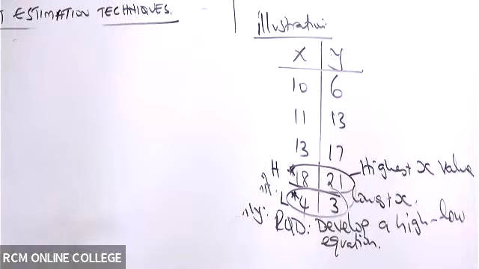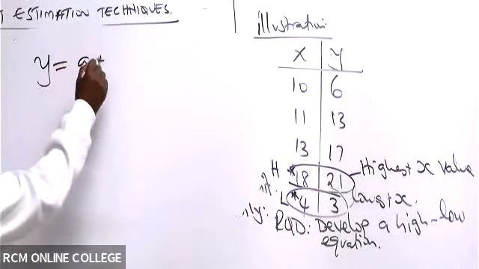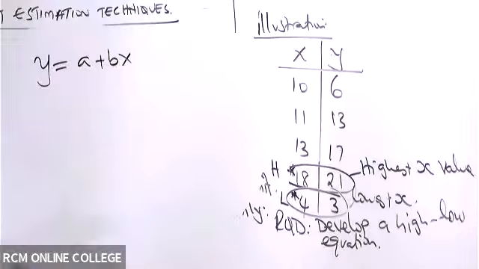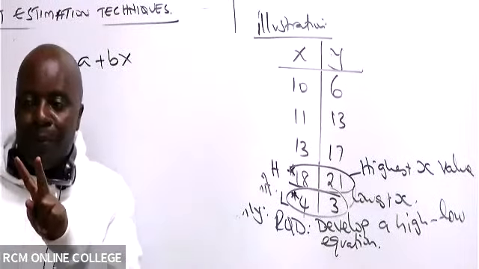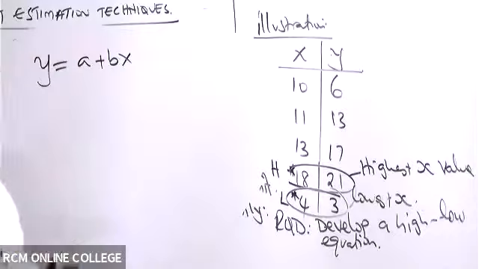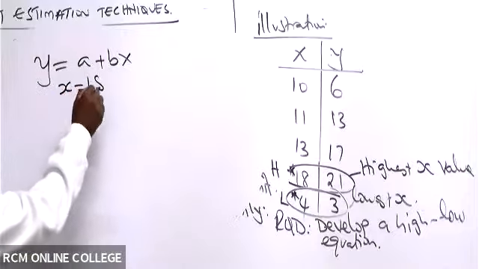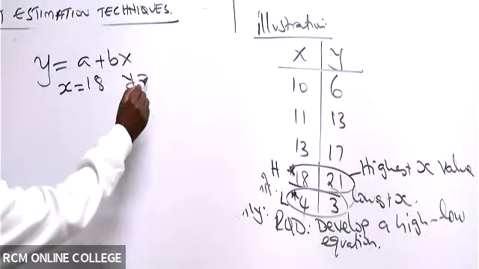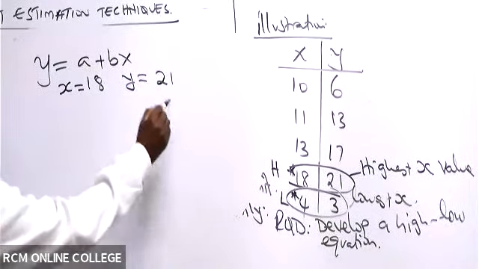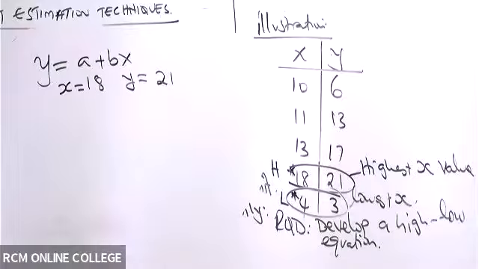So remember, they want us to develop a high-low equation. A high-low equation looks like this: y equals a plus bx. So we're going to form 2 equations. The first one is that x equals 18 when y equals 21.